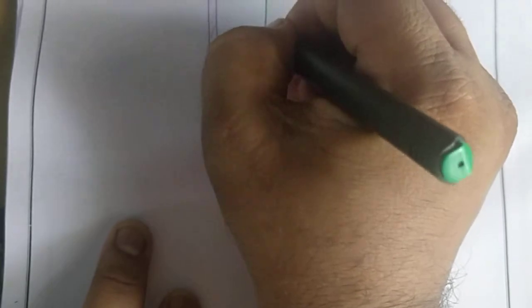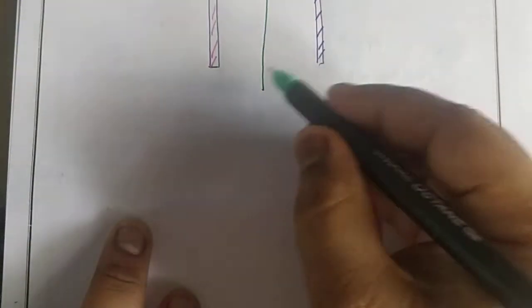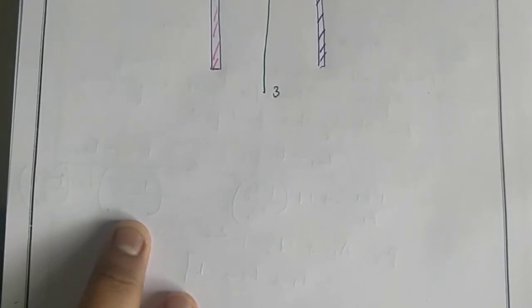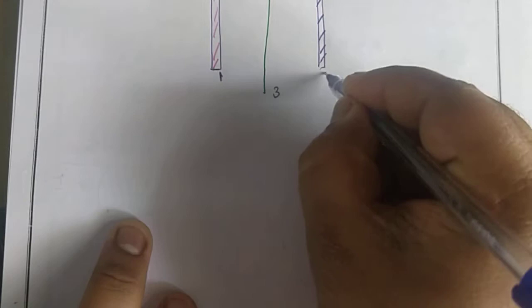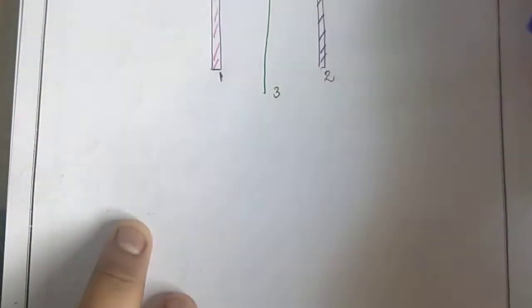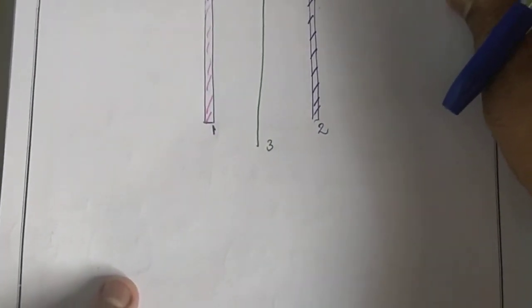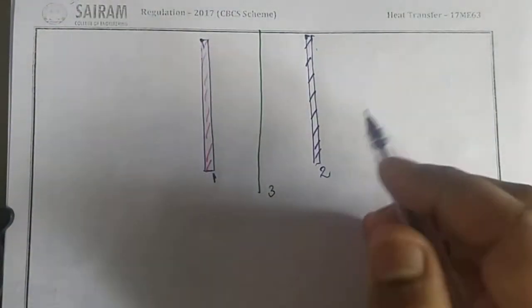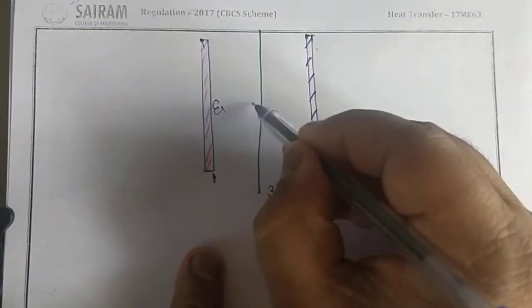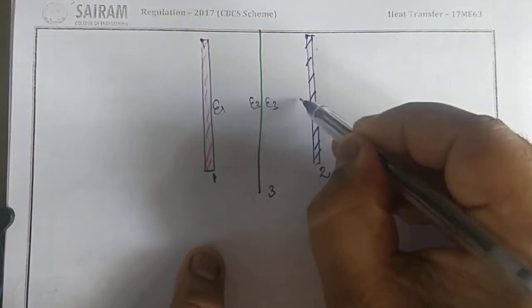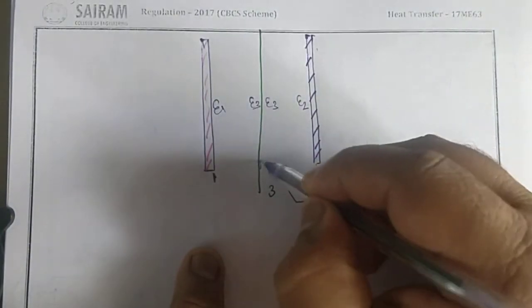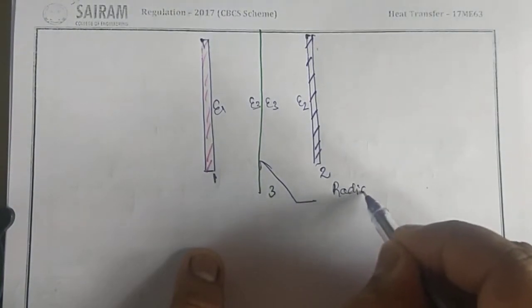In between, the third shield will be there. The first and second shield materials have an emissivity, and the shield is introduced in between them. So this becomes epsilon 1, epsilon 3, and epsilon 2. This is what we call a radiation shield.